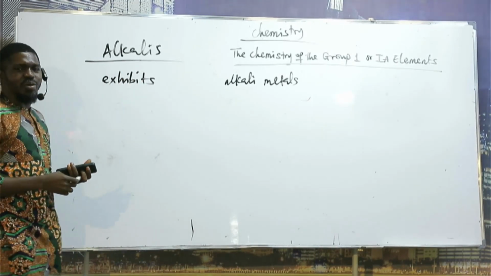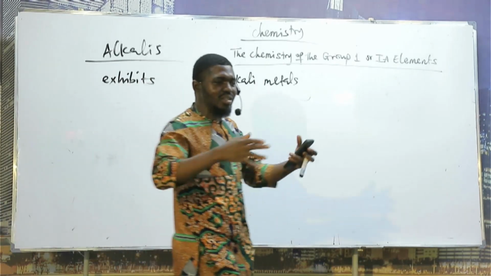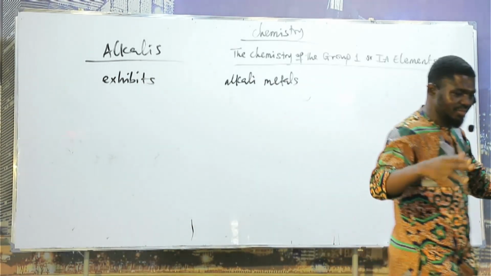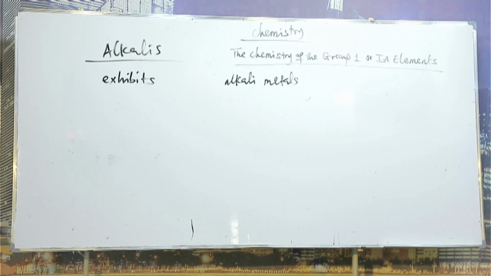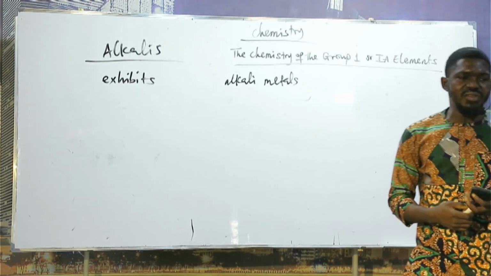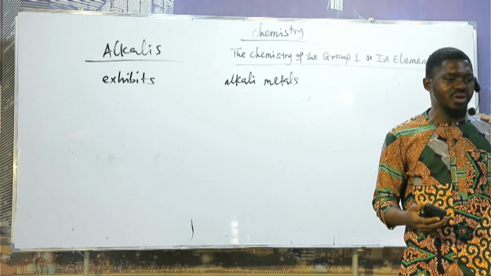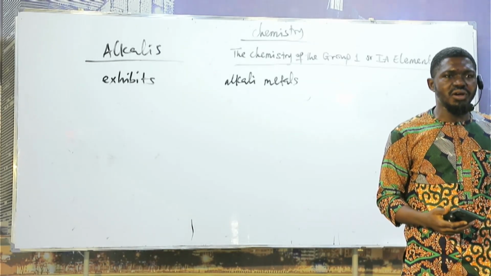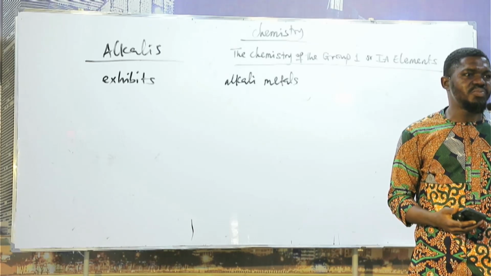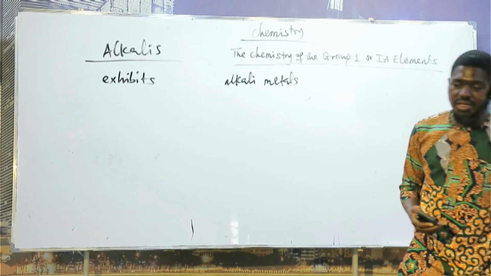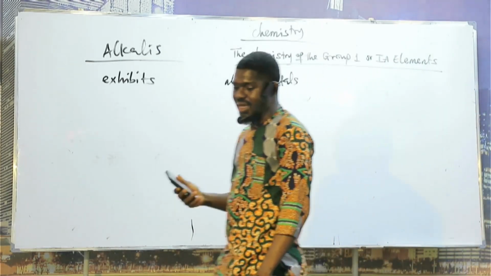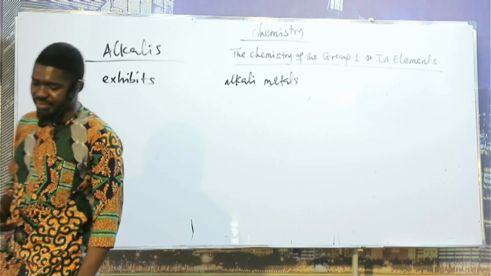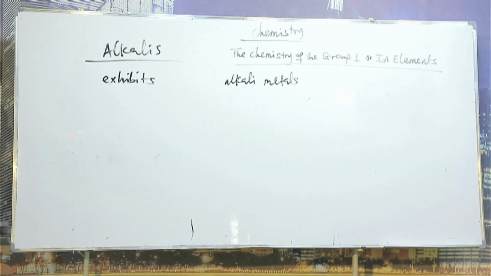What does this mean? If you put that base in water, it will dissolve readily. So if you put large amounts of that base in water, it's going to dissolve. That's what I mean by saying that an alkali is a base that exhibits high solubility in water.